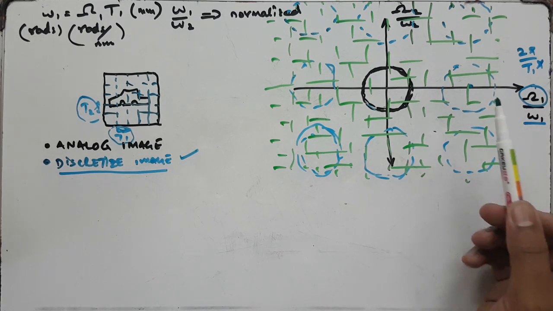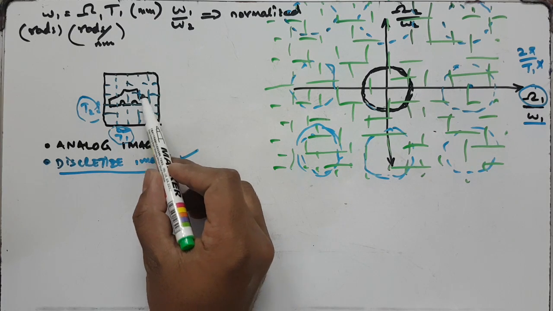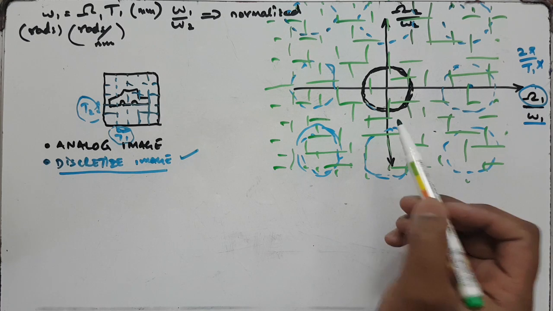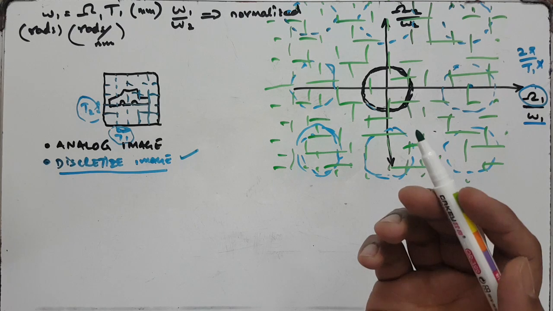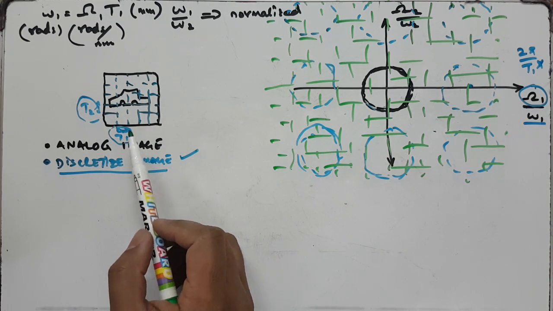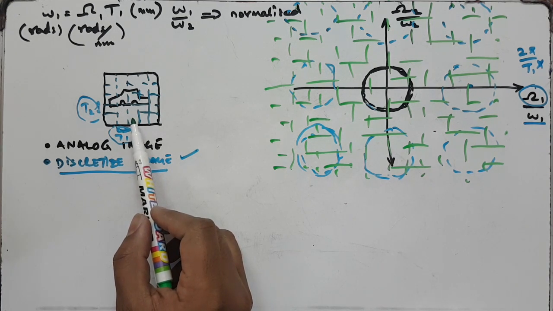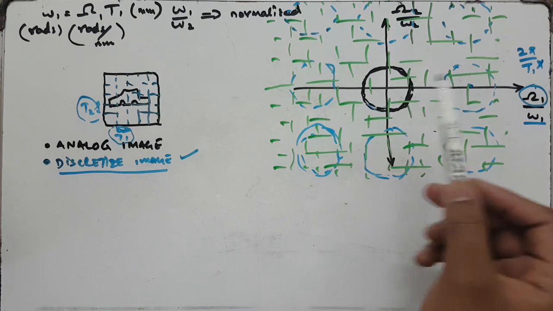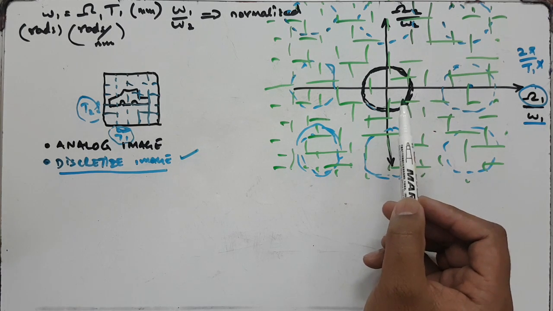And what we did, we just sampled it. So the green part is just these similar sort of boxes, and they are the sampled version of the Fourier transform. And interestingly, what we have learned till now is that if we have samples here and we took the Fourier transform, then we got periodic extension of what was there earlier in the analog part.